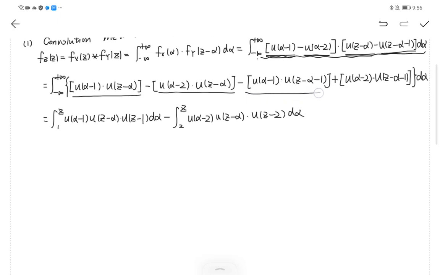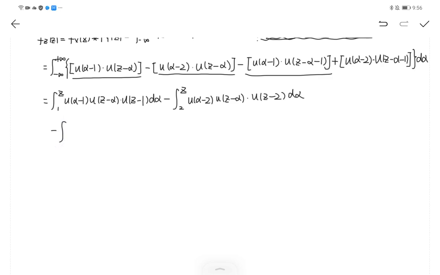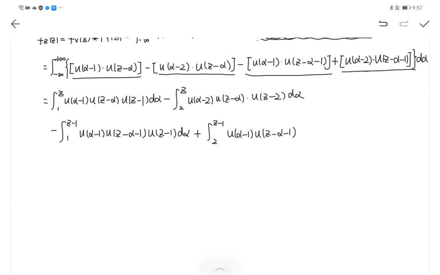Okay, and this part is minus the integral from 1 to z minus 1 of u(alpha minus 1) u(z minus alpha minus 1), multiplied by u(z minus 1) d alpha, and we add this part from 2 to z minus 1 of u(alpha minus 1) u(z minus alpha minus 1), and we also need to multiply by u(z minus 2) d alpha.